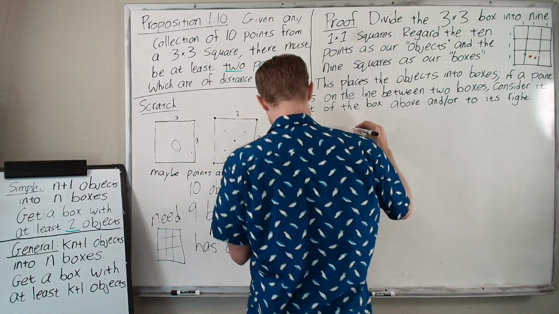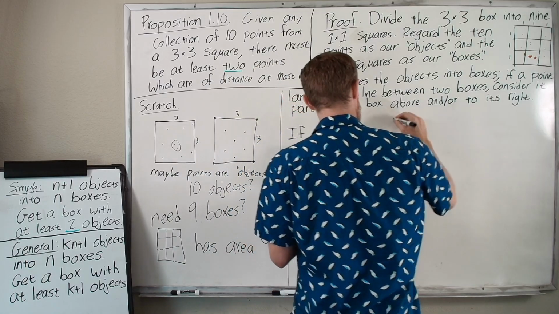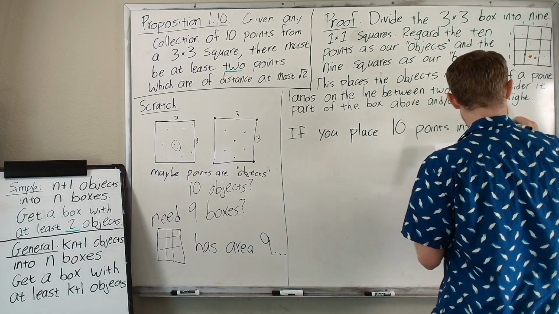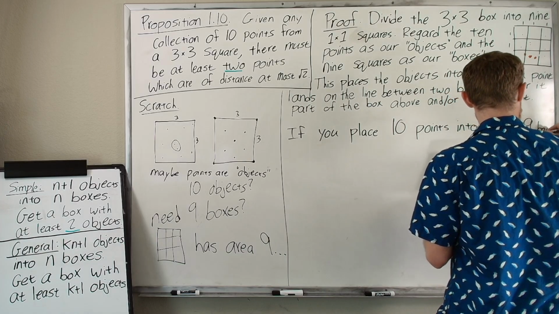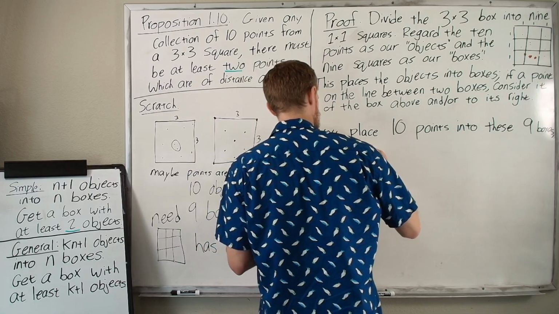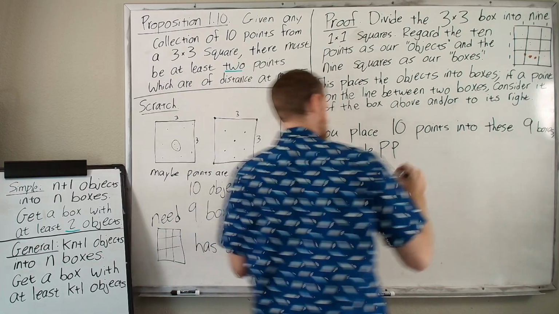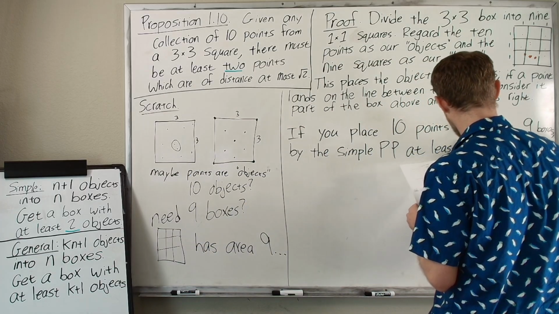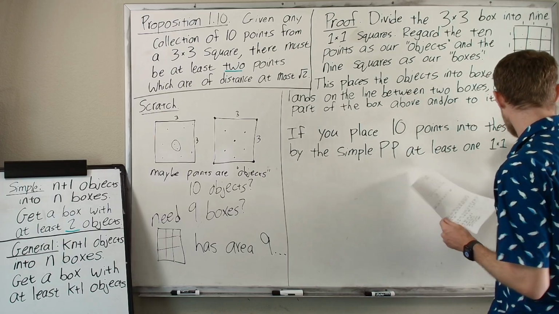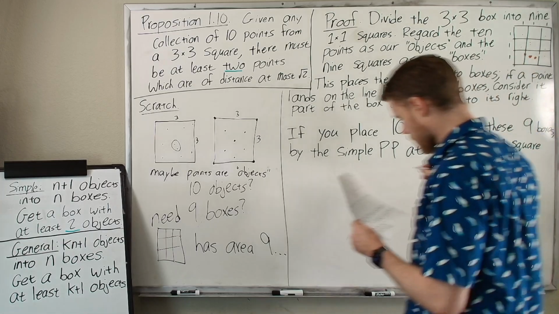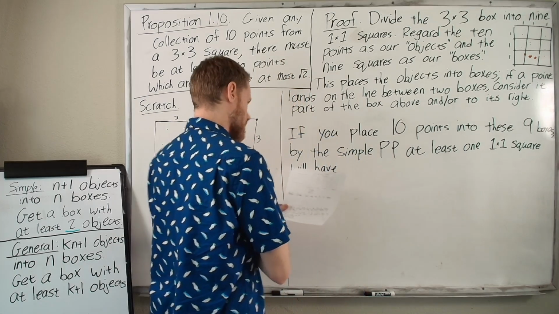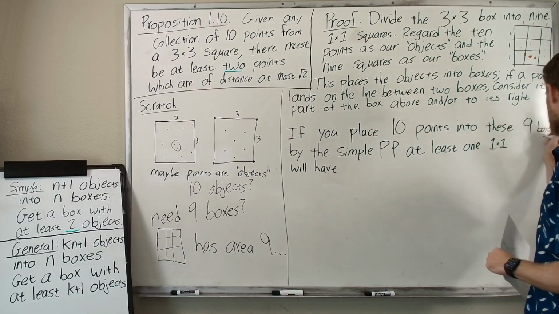If you place 10 points into these 9 boxes, by the simple form of the pigeonhole principle, at least one box, I'll be very clear, I'll say one by one square, I'll just say 1 by 1 box.